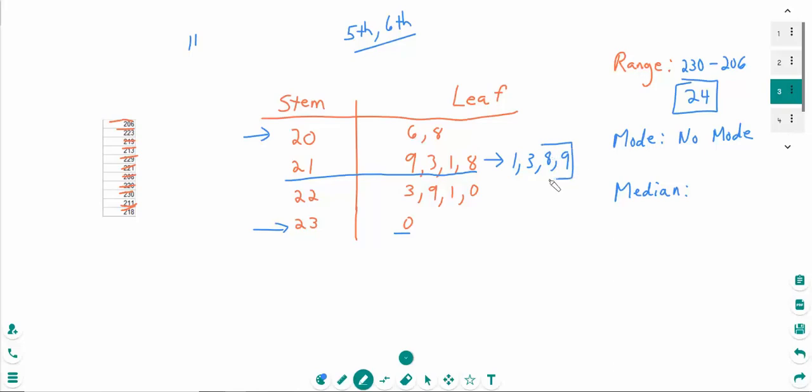So the 8 and 9 are the two numbers of interest. So I need to take 8 plus 9, divide by 2, right? I'm finding the average between those two numbers. So 8 plus 9 is 17. 17 divided by 2 is going to be 8.5, whichever you prefer. So the median is 8.5. All right? Very good. All right, now let's move on.